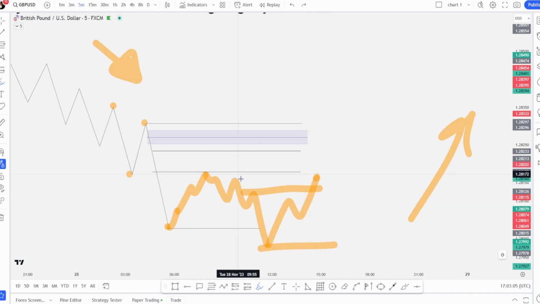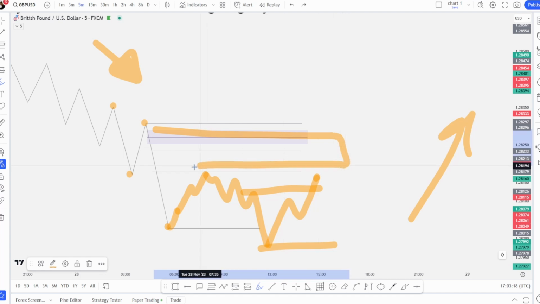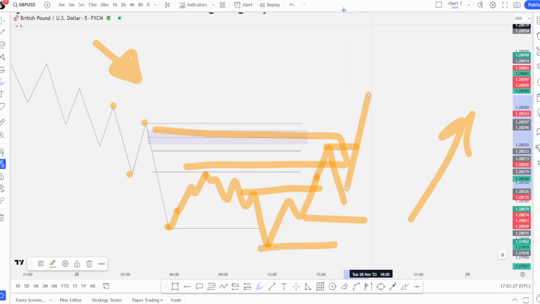So at this point, we have a clear range that essentially has failed. We've had bearish order flow until this point. So from here, we are looking for the next range to clear this area. Now, it is completely fine if we push into here, pull back, so the new range will be here to here, and then we go, right? That's completely fine.